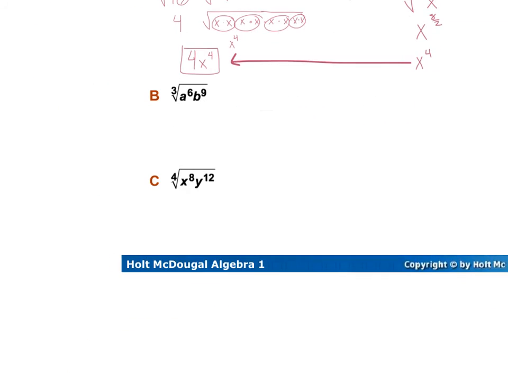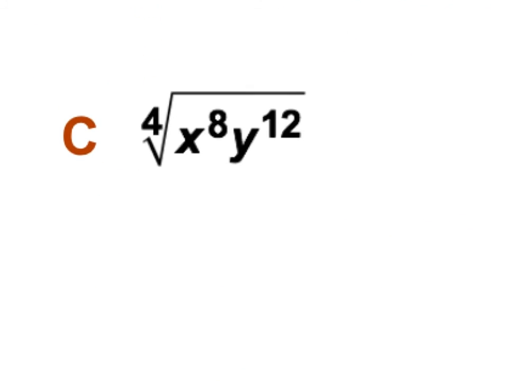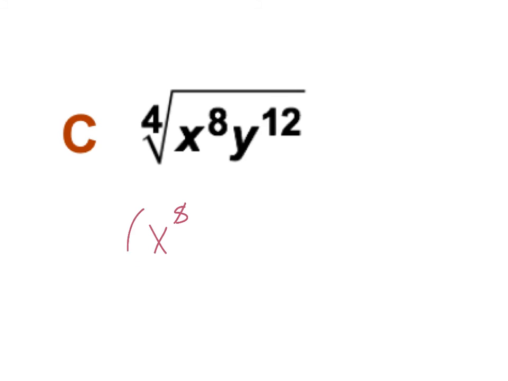So let's do C. Here we can split it up, or we could just keep it together. We'll split it up. So we can write 8 x's and then 12 y's, or we know that we have x to the 8, and that's to the 1/4 power, and then we have that times y to the 12 to the 1/4 power.